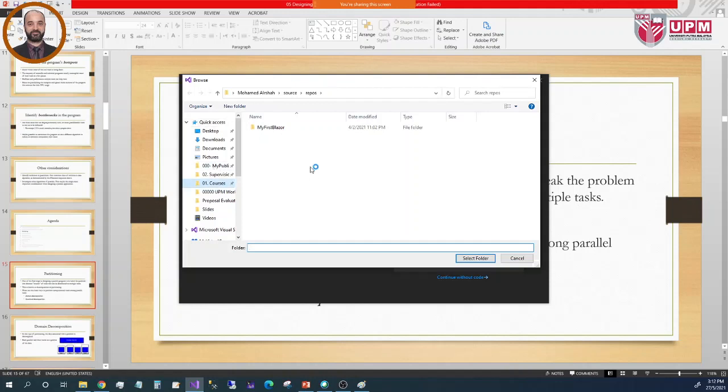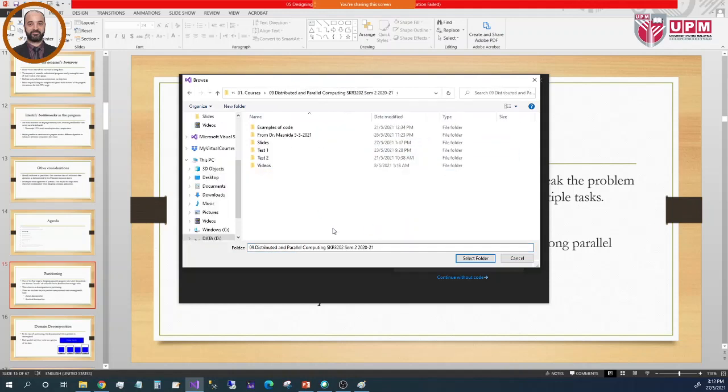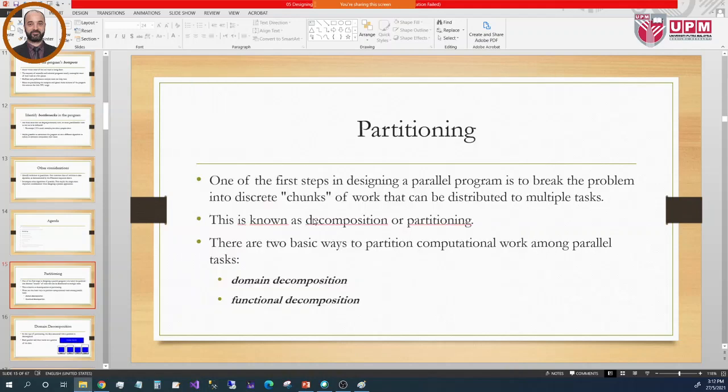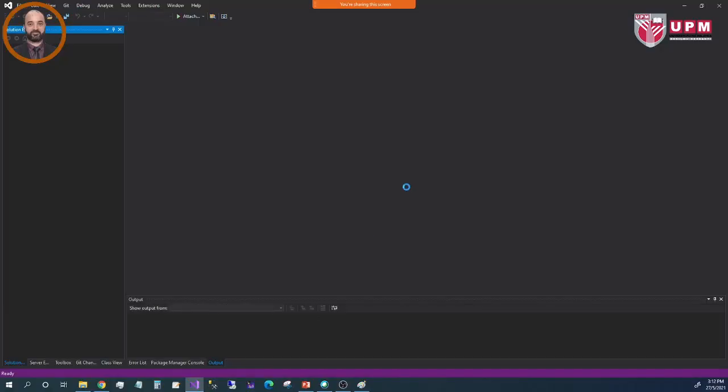Okay, courses, distributed and parallel, examples of code. Then I don't know which one. I think this one is the factorial, right? Oops, no. Okay, let us see this. Select factorial, and see how.